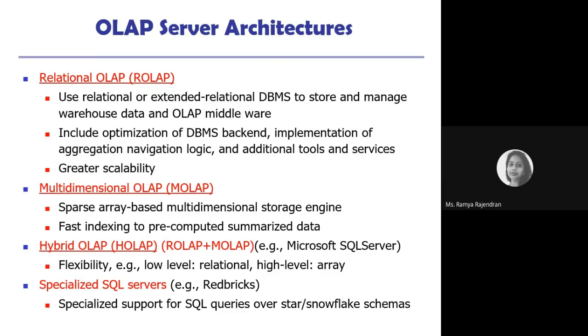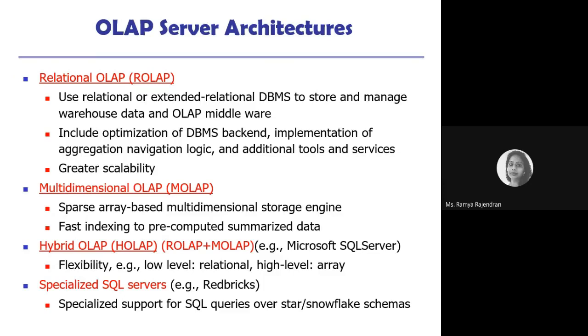But we have a hybrid OLAP, which is a combination of relational and multi-dimensional OLAP. There we'll be able to create data cubes, and that is a little faster. You can scale it better than relational OLAP. So hybrid OLAP is frequently used. Microsoft SQL Server is a very good example for hybrid OLAP. And we have specialized SQL servers based on the need of the organization.